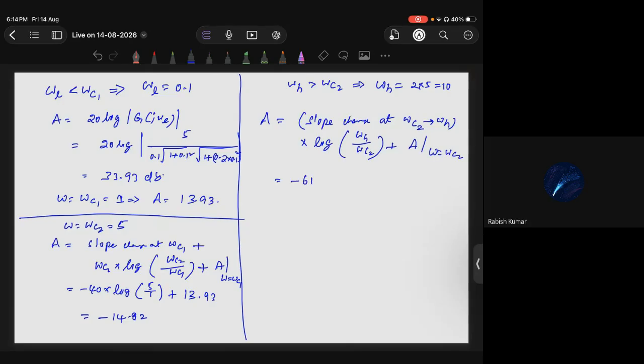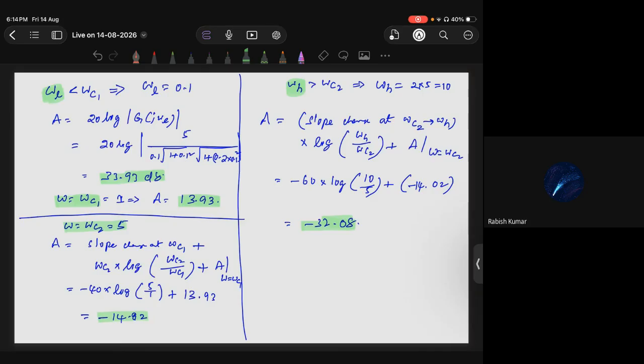That is nothing but minus 60 slope multiplied by log 10 by 5, plus minus 14.02. This is the standard procedure. So you'll get minus 32.08. This is the magnitude. Ultimately, at omega L the value is 33.93, omega C1 13.93, omega C2 minus 14.02, omega H minus 32.08. These are the values.